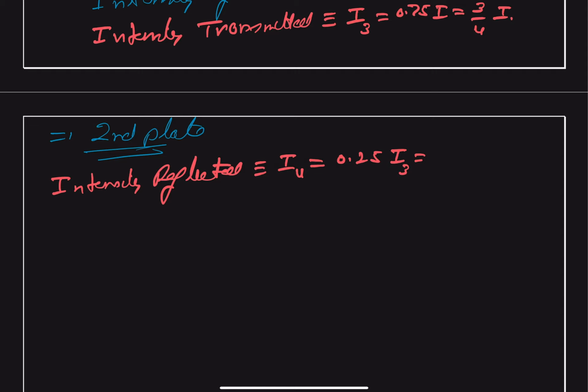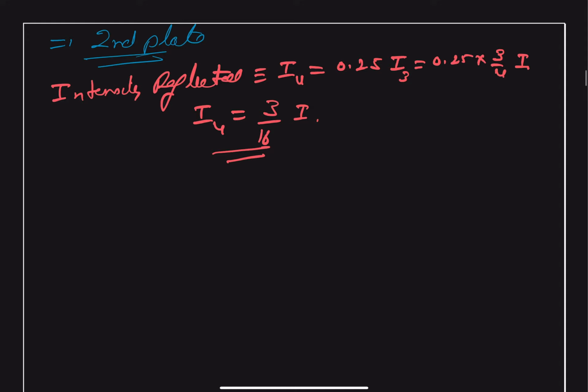I3 is 3 by 4 times I. So this gives us that I4 is equal to 3 by 16 times I. And similarly, we can find the intensity transmitted.